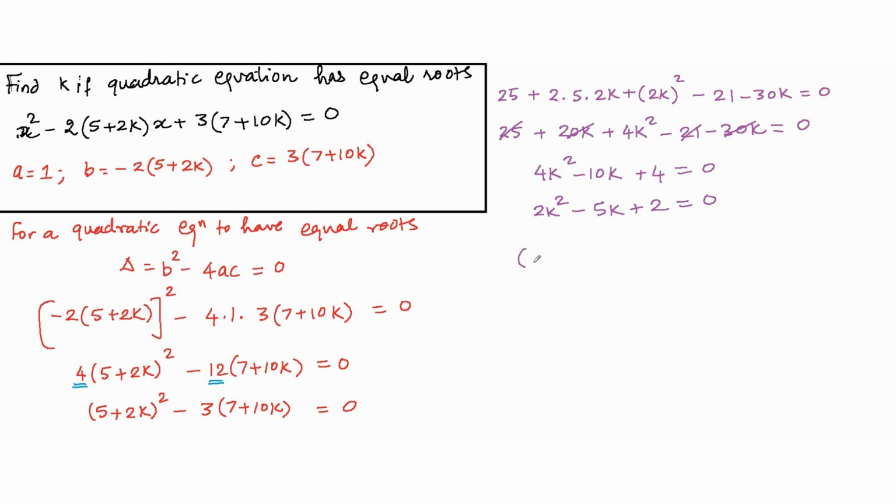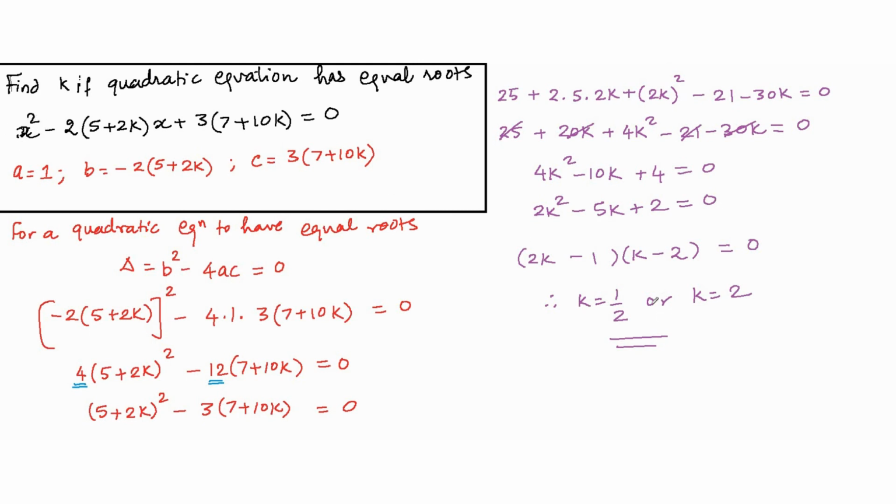And now again this is a quadratic equation which can be factorized as follows. So if you factorize this equation, you will get this particular form, and therefore I can say that k is equal to half or k is equal to 2. Now we just have to be sure that this still remains a quadratic equation. You will notice that the coefficient of x square is 1.